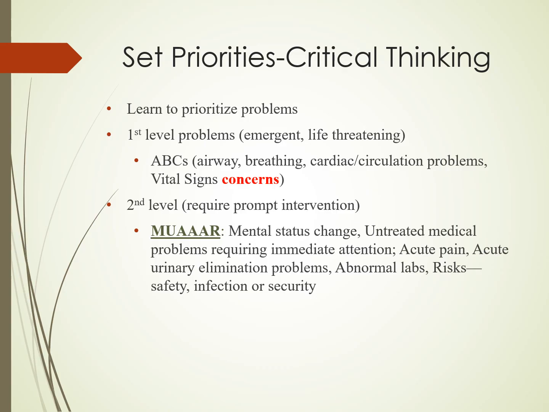I would like to add something back with the cardiac and circulatory problems. For circulation, if your patient does not have pulses, that is critical. No blood flow, that tissue dies.